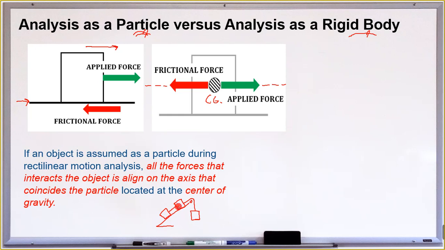We treat these three blocks as particles: block number 1 connected to the second block, then the pulley, and then the third one, ignoring the dimensions of the blocks. And of course we align the forces that interact with each block at the center of gravity, in other words at the middle of the body. So this is how you do analysis as a particle.